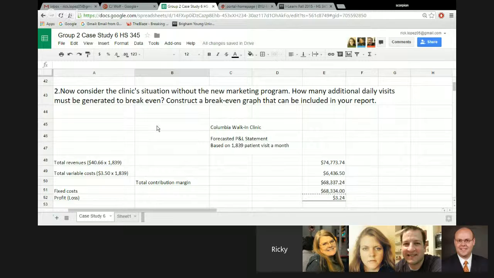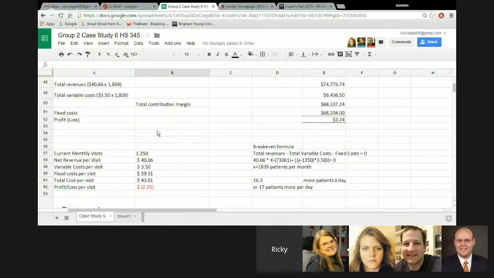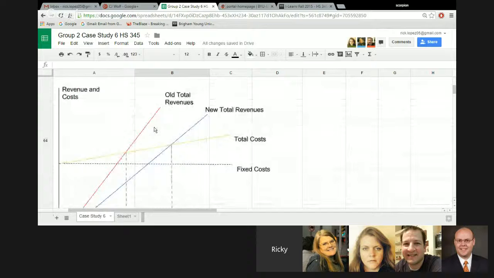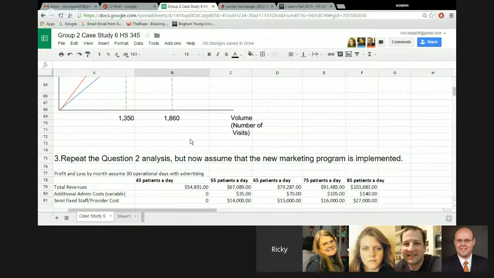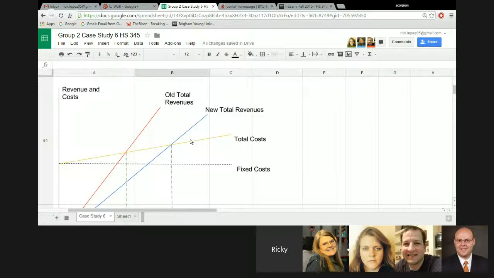And part of this question, we also needed to make a break-even graph that could be included. And if you want to go down to that, Ricky. Okay, right there, showing what the old total revenue was compared to the new total revenue with the added patients in order to break even at that point. And that would be question 2.